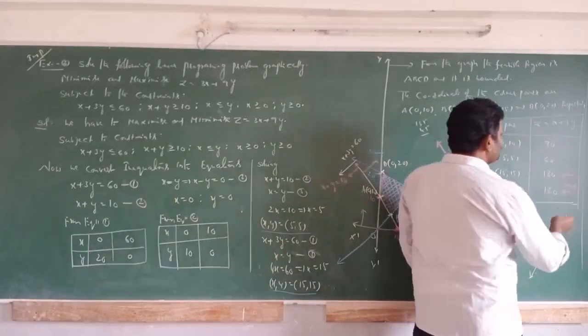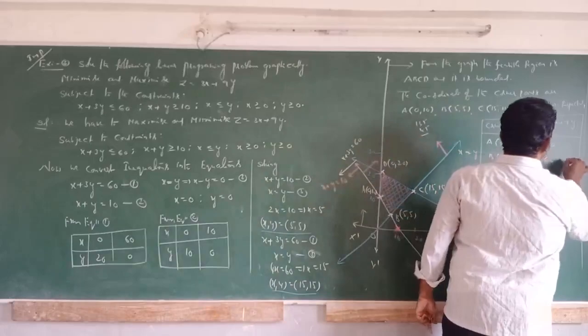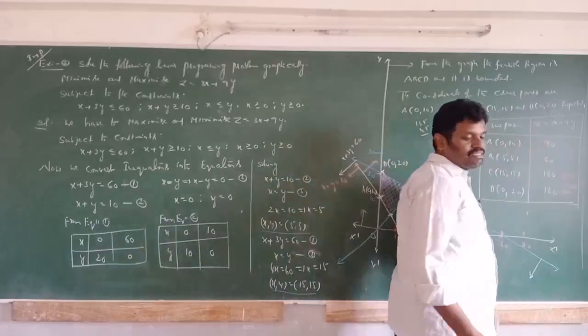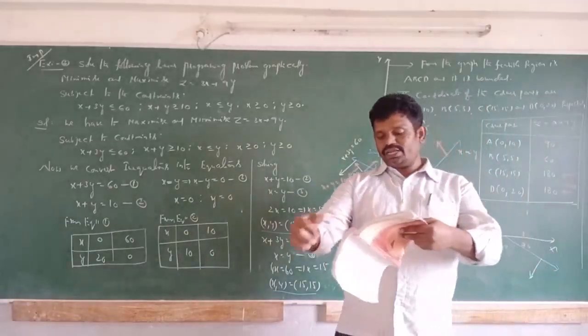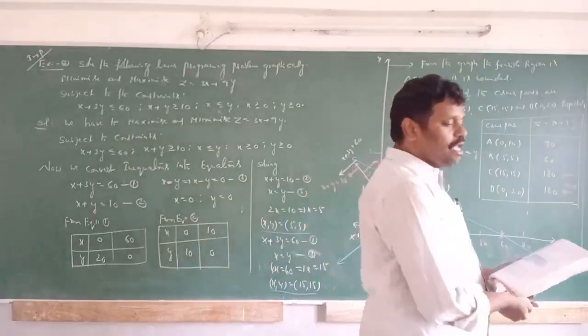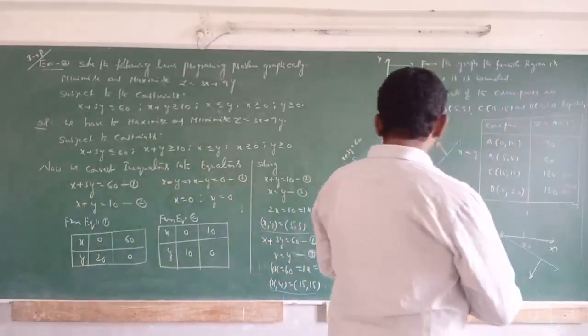Which is the minimum value here? This is the minimum value, so the minimum value is 60. How many maximum values and minimum values exist? Here maximum values are 2 and the minimum value is 1.